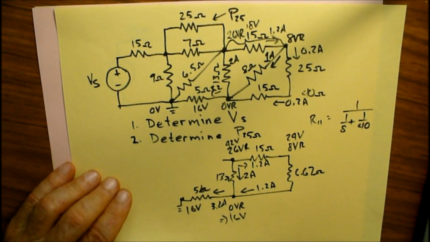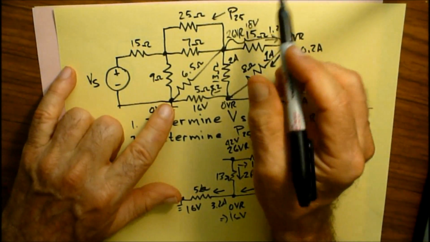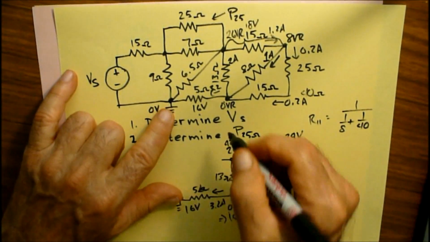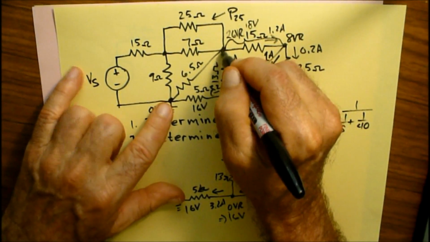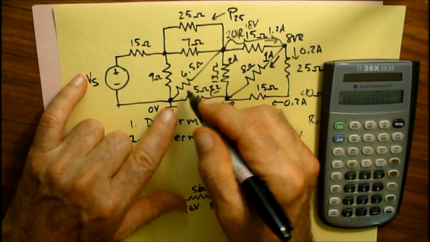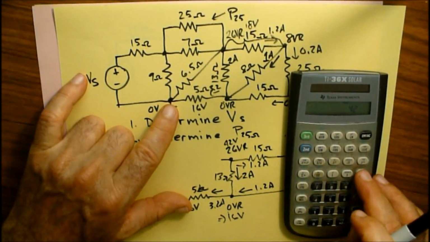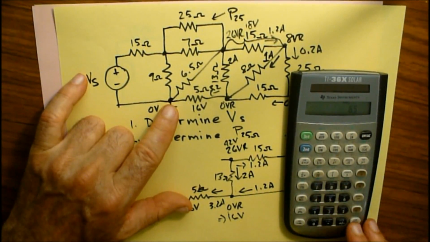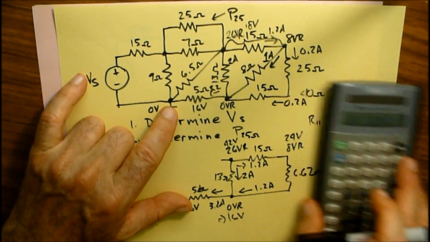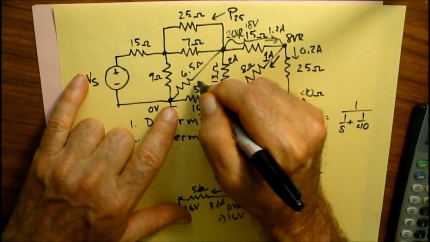Now I do know that this is 26 volts relative, which is 42 volts. So now 42 divided by 6.5 ohms is going to come out to 6.46 amps.